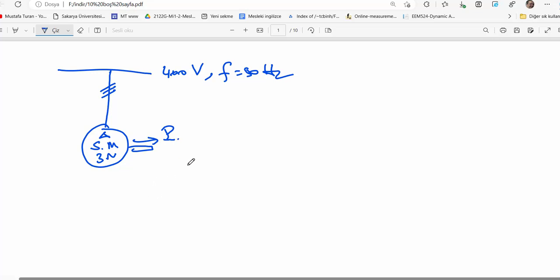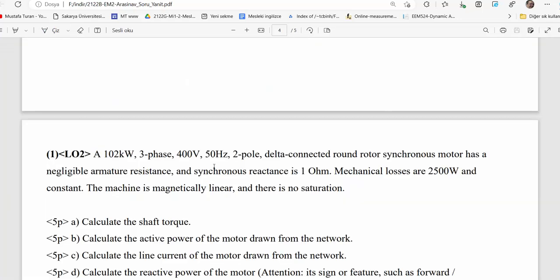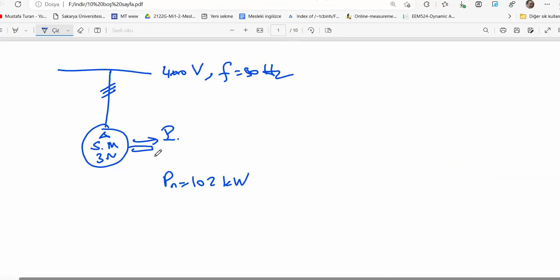Its rated value is 102 kilowatts, I think. It was, yes, 102 kilowatts. That is the mechanical output. There must be some electrical input. Perhaps there would be some reactive exchange.